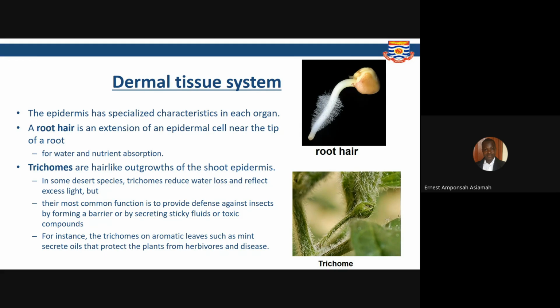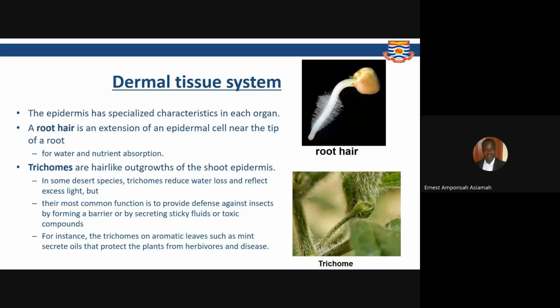Then we even have instances where some plants have hair-like growths on the epidermis of their shoot system, and they serve several purposes. For example, in the desert, the trichomes are hair-like, and therefore water loss is reduced.